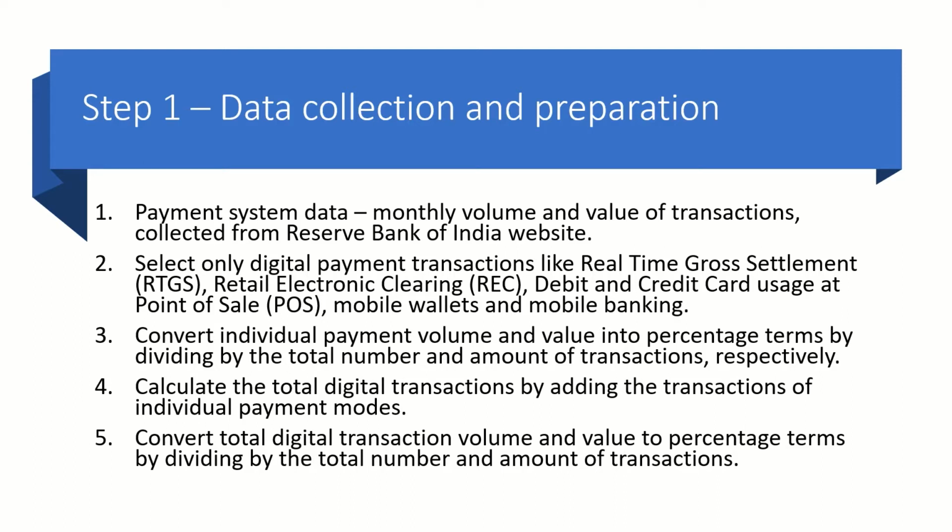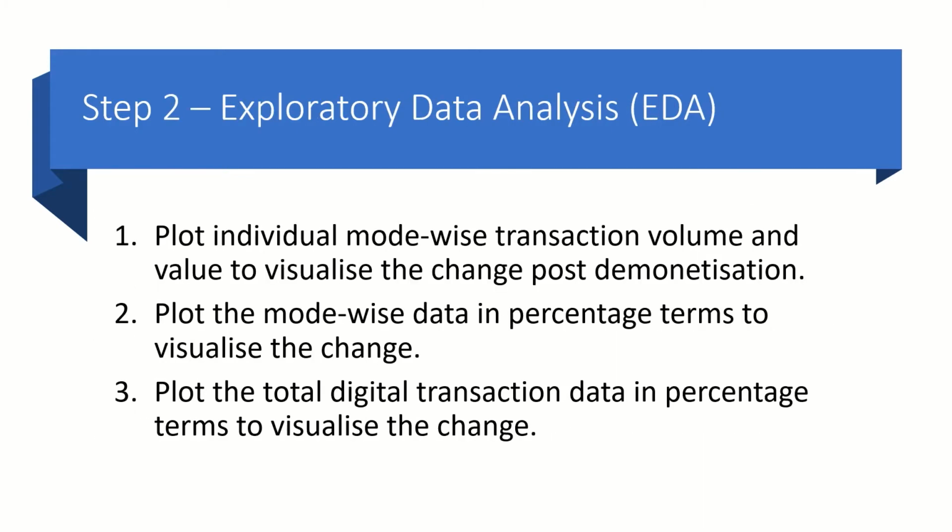This data of total digital volume and value will be used for further analysis instead of the individual payment system data. Other activities like changing date to the required format, type conversion of numeric data, and ordering by date are done in this step. The next step is exploratory data analysis. This includes visualizing the data from individual payment systems over the period of study and in percentage terms as well.